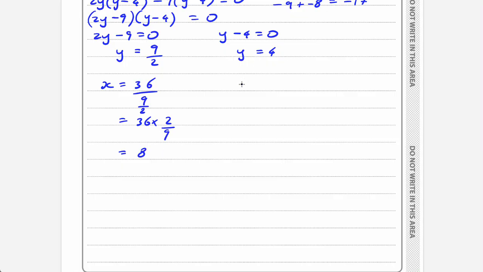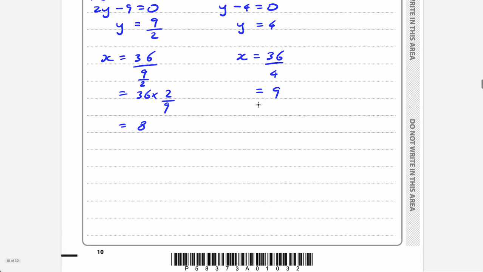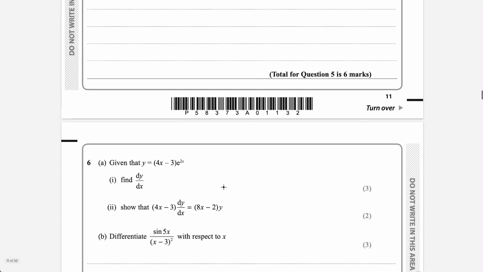And this guy, x equals 36 over 4, which is 9. So the solution, guys, he says solve these equations. The solutions are x equals 8 when y is 9 over 2, and x equals 9 when y equals 4. Okay, that's question 5, guys.